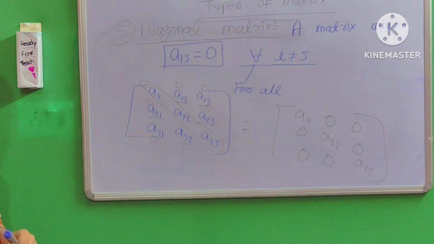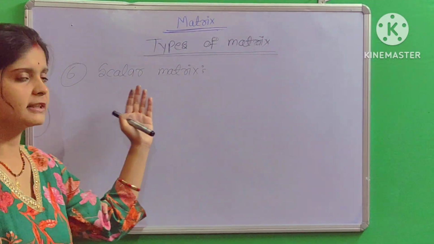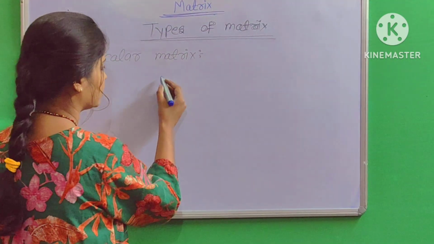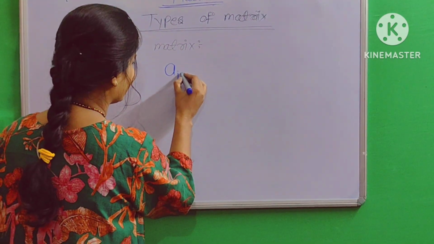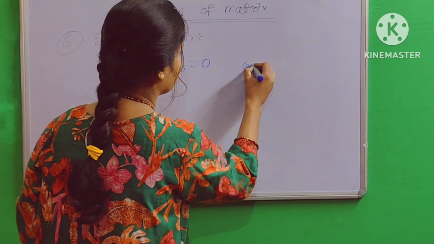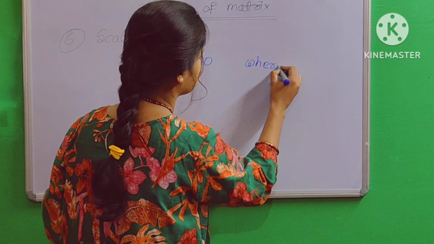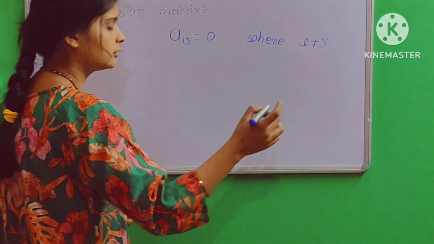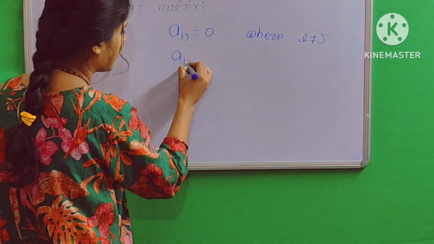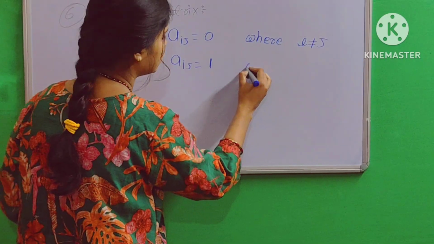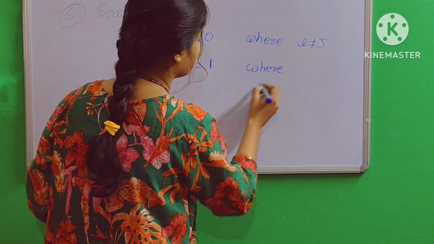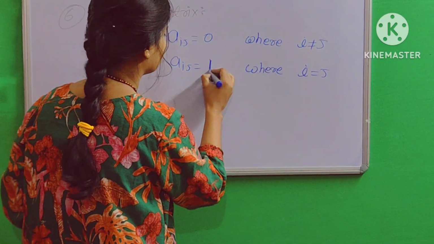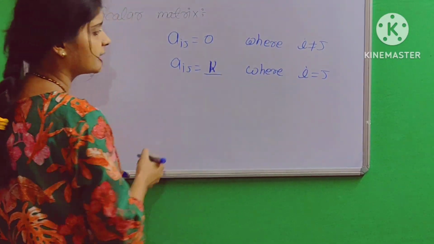Okay? Next, now we will talk about scalar matrix. Scalar matrix has conditions. First, Aij is equal to 0 where i does not equal j, and also Aij is equal to k where i is equal to j. Sorry, k, not 1. Where i is equal to j, the value of the elements is the same.